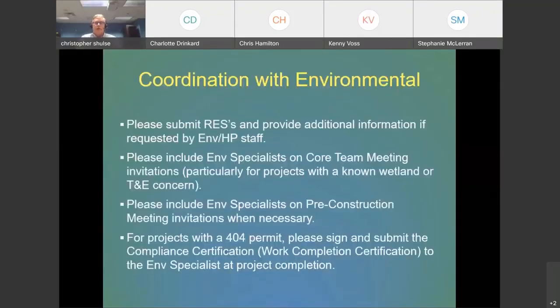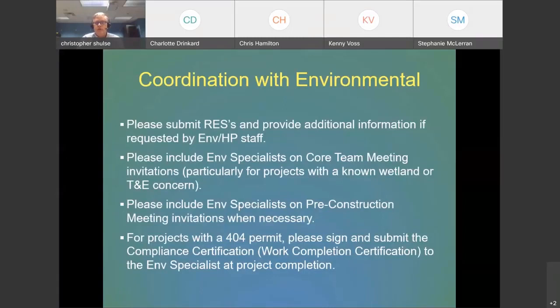Getting into the points to remember: coordination with our office. Please submit RESs and provide additional information if it's requested by our staff. Sometimes it can be taken care of in a phone call, but oftentimes we'll ask for an RES to be submitted, especially if there's been a significant change in a project, and we want to make sure that everyone in our office that reviews these gets a chance to comment and make sure there are no additional concerns.